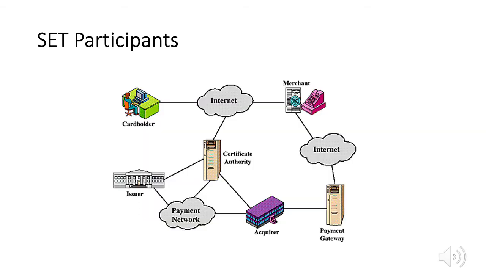In this slide, I'm going to talk about SET participants, starting with the cardholder who has a Visa or a MasterCard. The merchant is the organization with goods to sell to the cardholder. The issuer is the bank that provides the cardholder with the payment card. The acquirer is the financial institution that establishes an account with a merchant and processes payments, card authorization, and also payment.